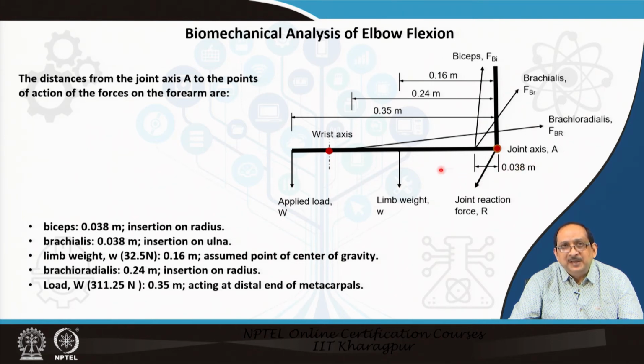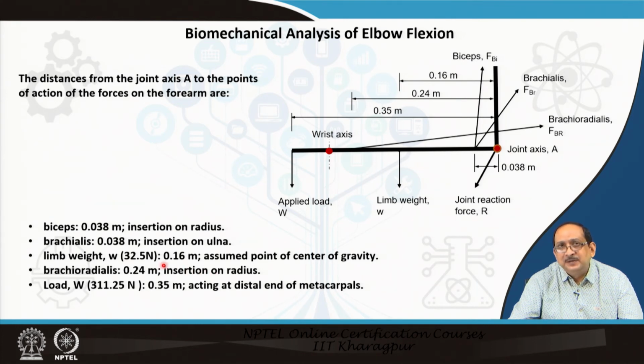The muscle brachialis is also located at a similar distance, but the insertion is on the ulna. The brachioradialis muscle insertion is on the radius, so it is located at a distance of 0.24 meters from the joint axis A.